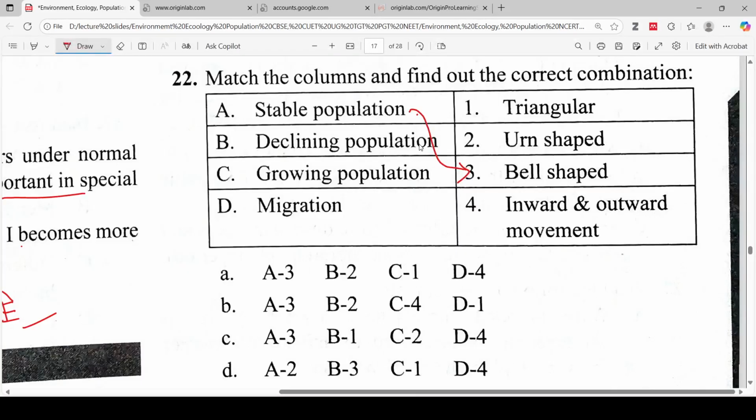Declining population, and growing population. C, triangle, and migration, D. So the correct answer is option A. Next question.